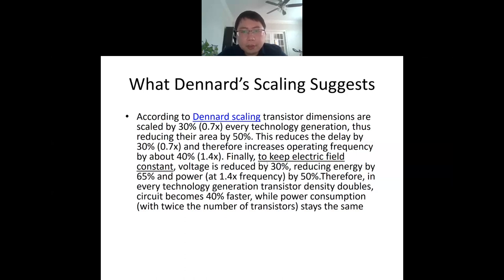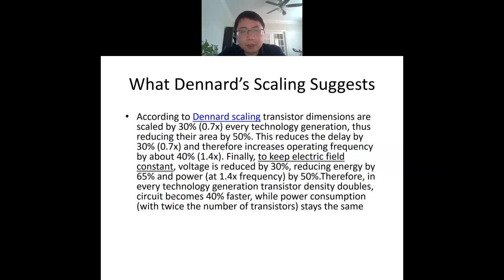And then to keep the electric field constant, the voltage needs to be reduced by 30%. So here the voltage, for example the power supply VDD, needs to be reduced by 30%. This will reduce the energy of the circuit by 65% and then reduce the power at the 1.4x frequency by 50%.